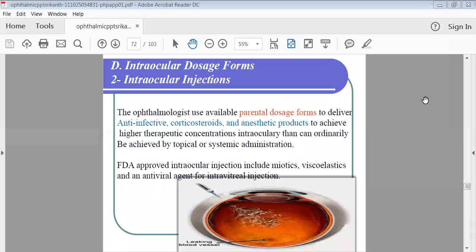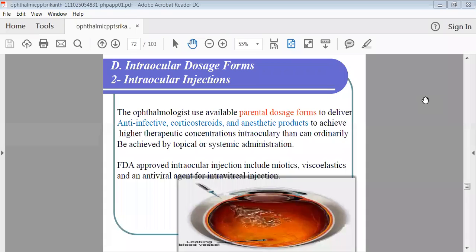Now the next intraocular dosage form. The example is the intraocular injections. These are nothing but parenteral types of dosage forms. Generally, in case of emergency, we use them to deliver the drug to achieve the required therapeutic concentration immediately. So we administer such injections into the intraocular cavity.